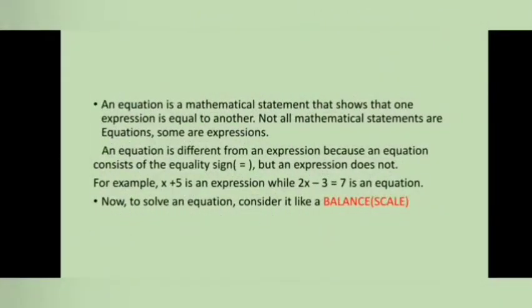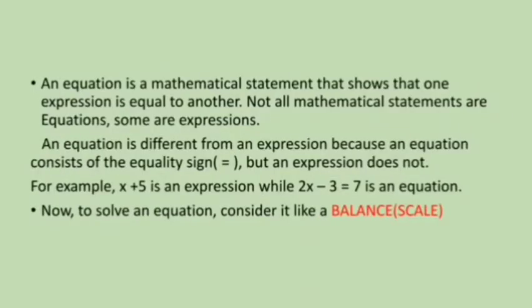First and foremost, let us see what an equation is. An equation is a mathematical statement that shows that one expression is equal to another. Note, not all mathematical statements are equations, some are expressions.